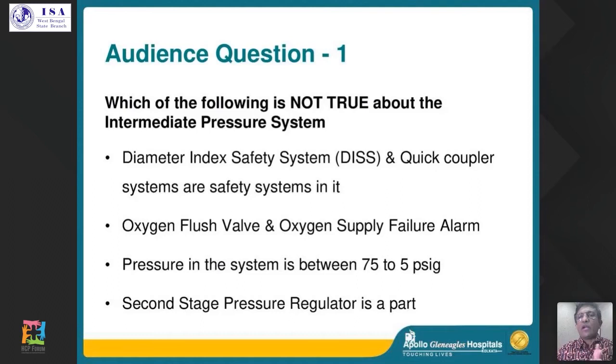I think we can see around 240 of you there. All you have to do is, this question has one correct answer. Which of the following is not true about the intermediate pressure system? Whichever of the four options on your screen you think is not true, just tick on that.